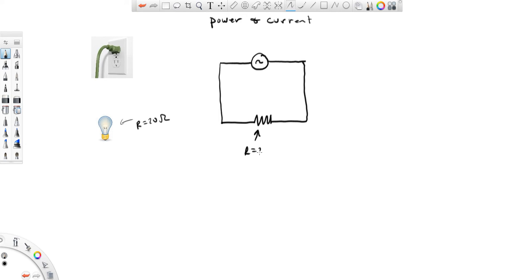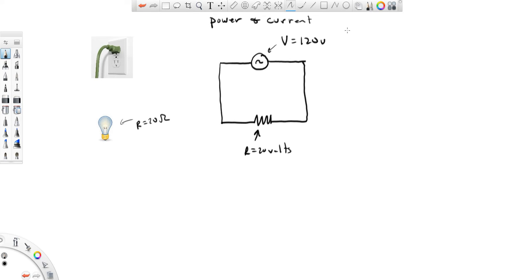So that's R equals 20 ohms. I'll write over here that our voltage is equal to 120 volts, and again, that is an RMS voltage. Remember, the peak voltage in the US power grid is about 170 volts, but for calculations, we always want to use the average voltage, or the RMS voltage, which is the 120.